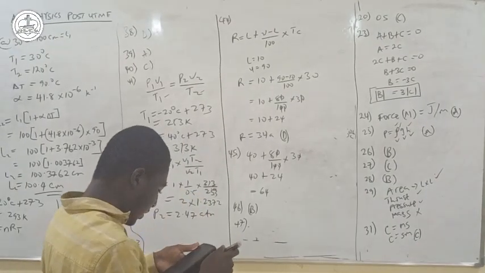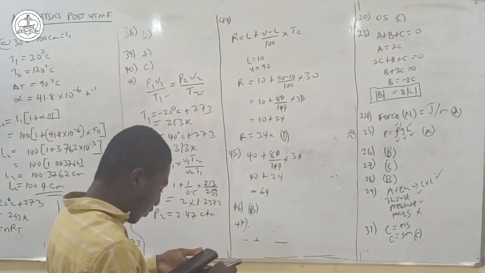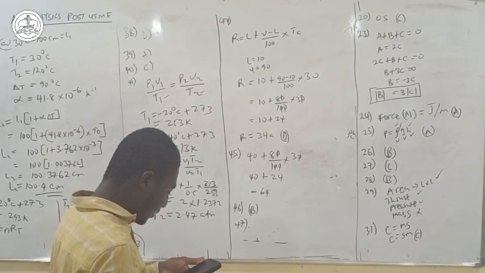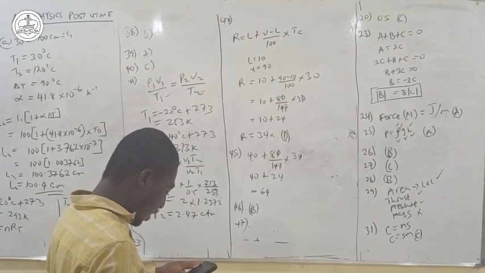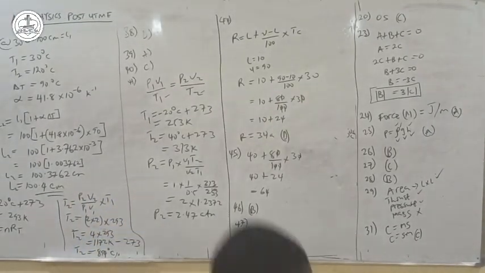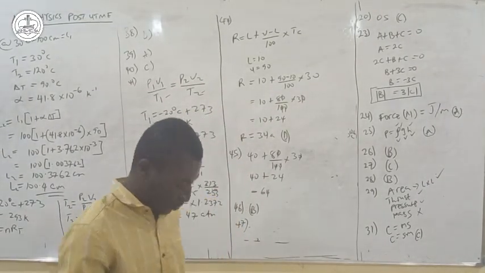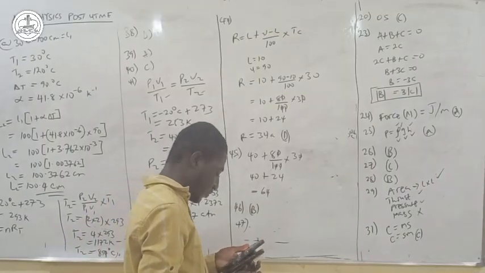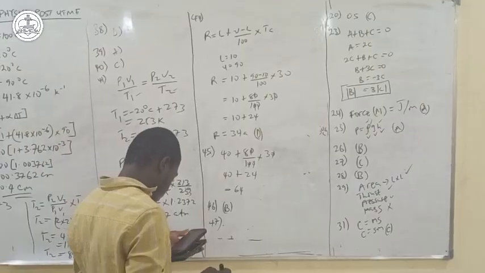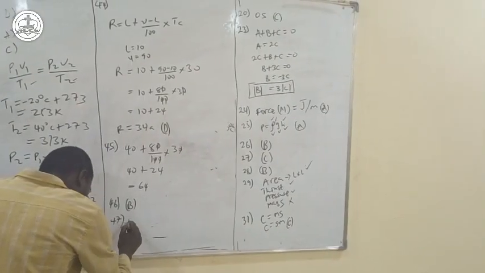The temperature in an electric iron is regulated by what? A. Thermometer, B. Bimetallic strip, C. Steel, and D. Conductor. We all know for iron is what? Bimetallic strip. 47. Okay, B.